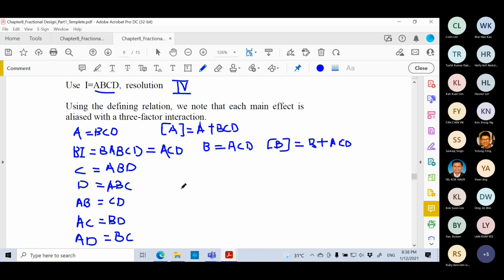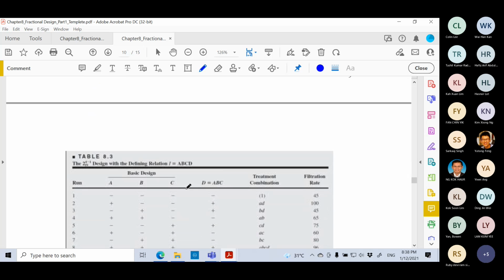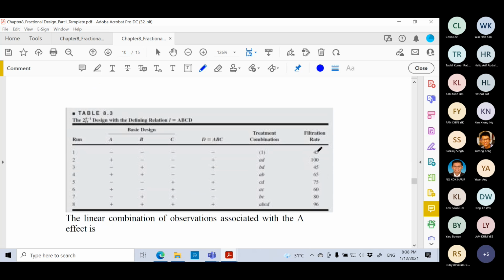Now with this alias structure, I will also show you the values from the question itself.